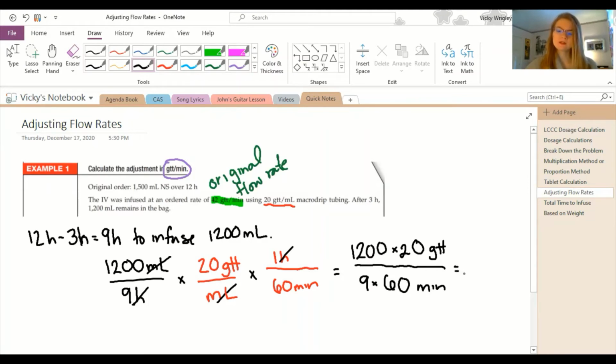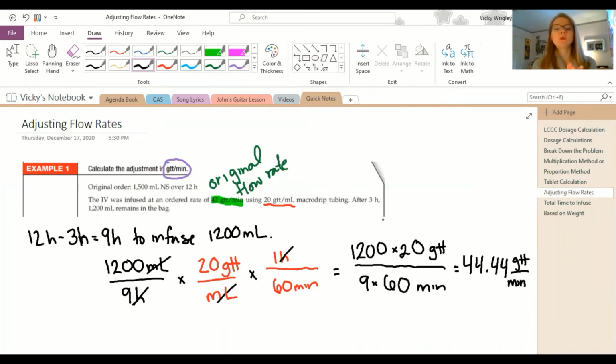And if you do this multiplication and division, I promise I did not do it in my head, you're going to get 44.44 drops per minute. And depending on what your professor's rules are for rounding, you could round this down to 44 drops per minute.